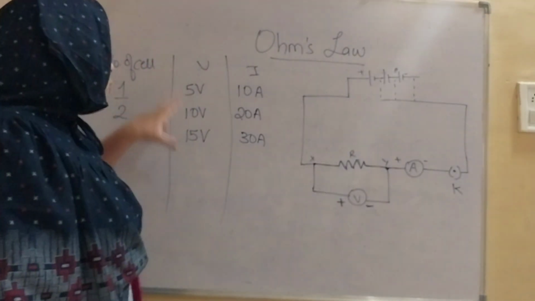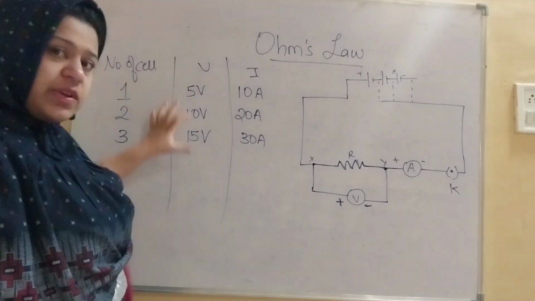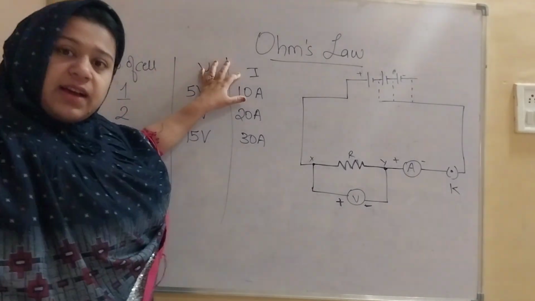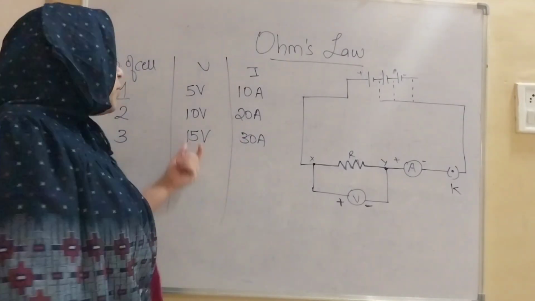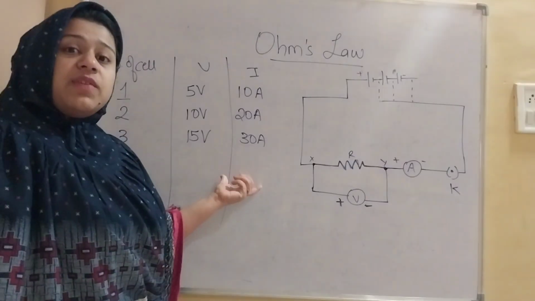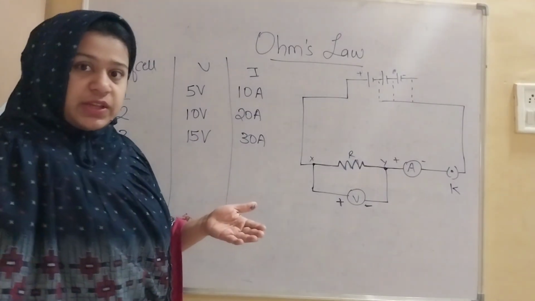The value for V, potential difference, is also increasing and the value for I, current, is also increasing. So potential difference और current दोनों की values जो है वो increase होती जा रही है.